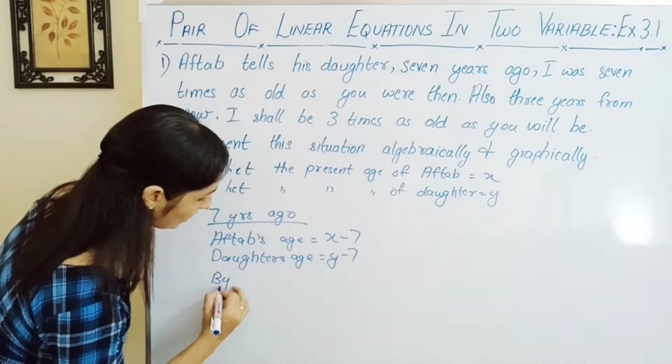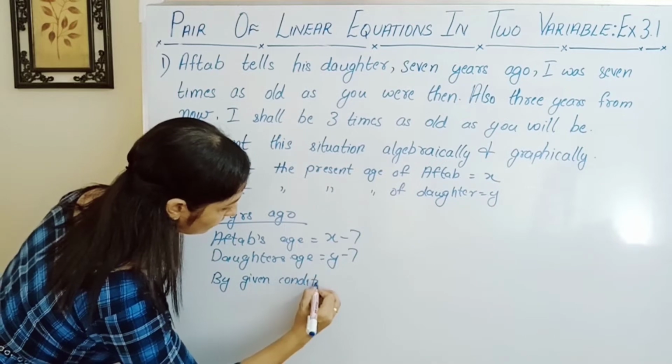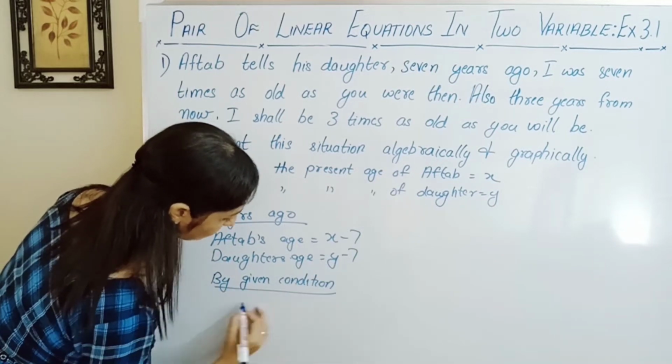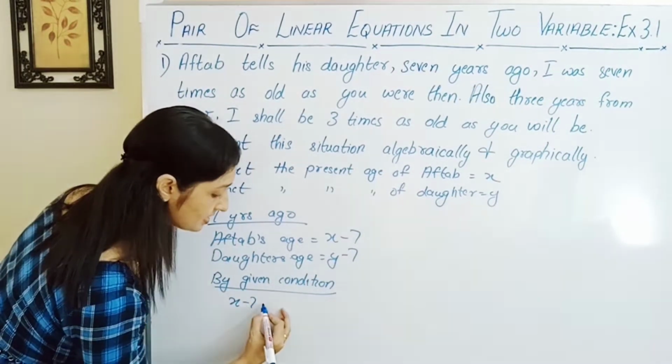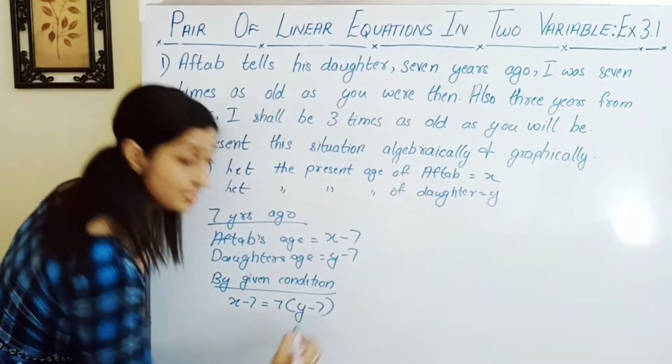So by given condition, what happens? x - 7 is equal to 7 into (y - 7).